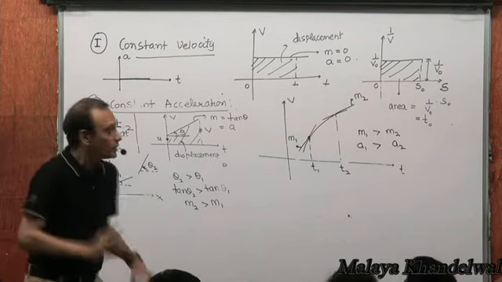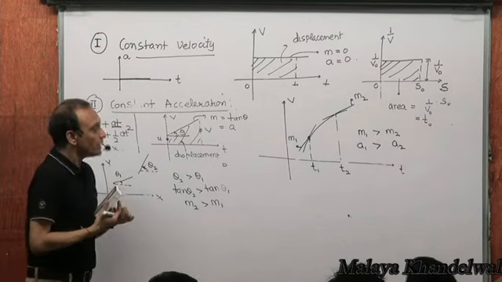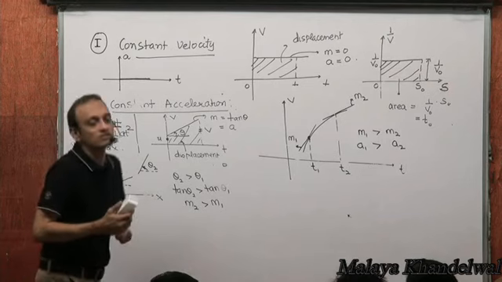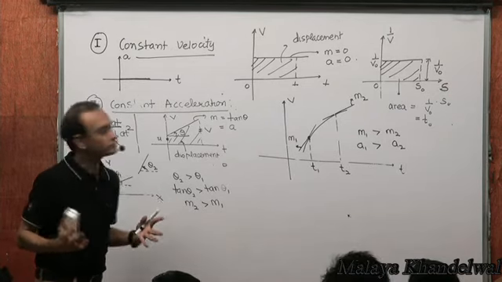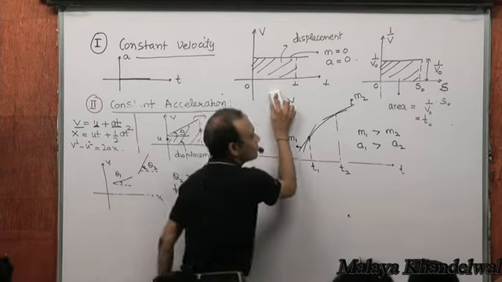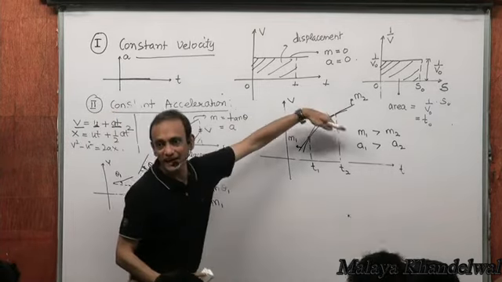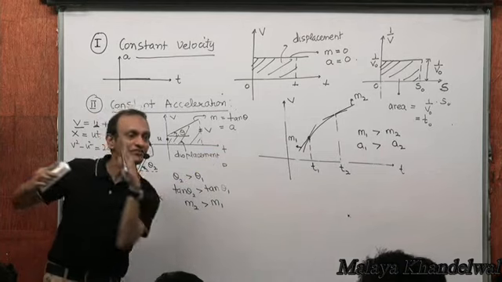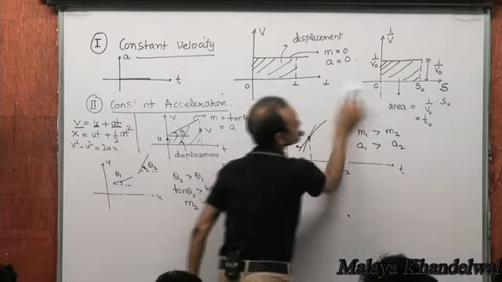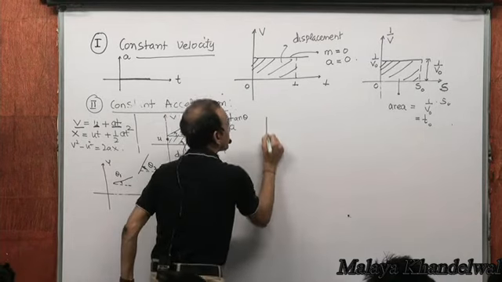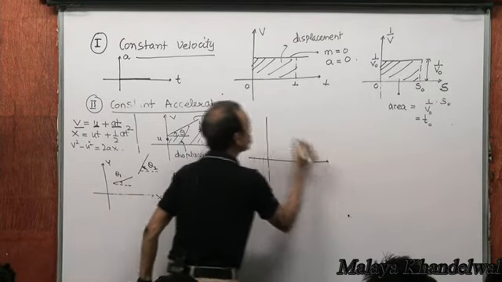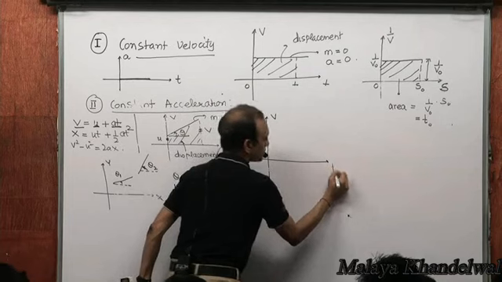Got me? Now, let me also tell you another jargon associated with this, but so far so good. Do you understand everything that I'm saying? This is a case of decreasing acceleration. The earlier one was a case of increasing acceleration. Now, see, there were two cases I discussed for velocity time.